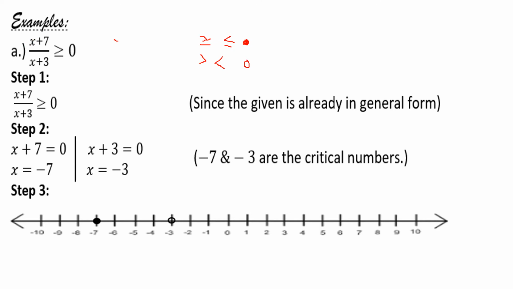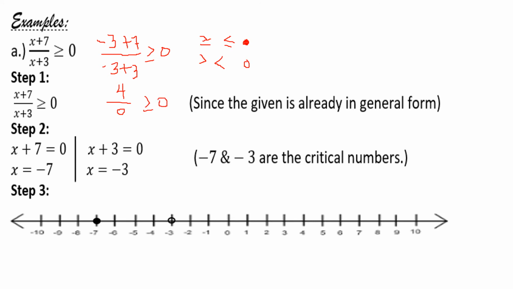Okay, next let us substitute negative 3. So when I substitute negative 3 plus 7 all over negative 3 plus 3 is greater than or equal to 0. So take note, the answer is positive 4 all over 0 is greater than or equal to 0.